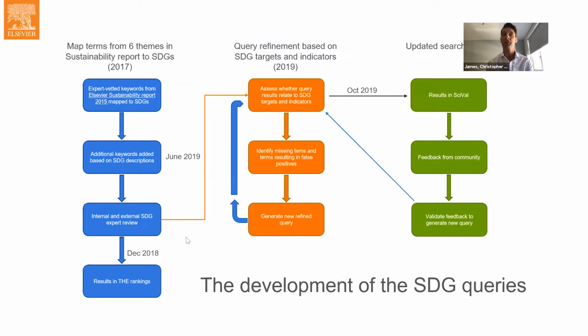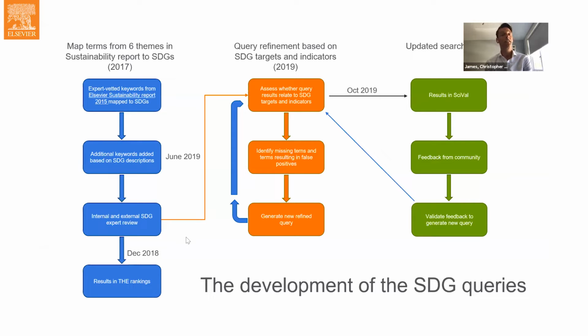So the themes and the search queries that I'm about to show you actually took a bit of time to develop. We started back in 2015 with a sustainability report, where we used this to look at the different SDGs that were launched back then, and we created keywords to relate to each of these SDGs.